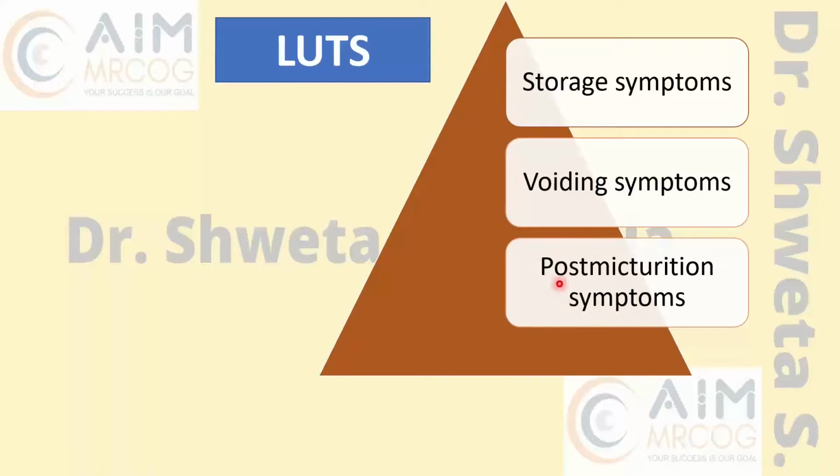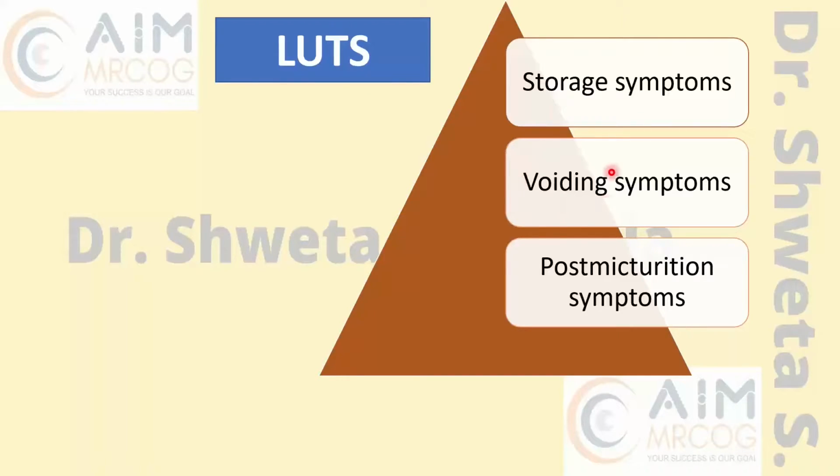And third, post-micturition symptoms. Urodynamics and the bladder diary are all about storage symptoms. In storage symptoms come urgency, frequency, urge incontinence, stress urinary incontinence, and mixed incontinence. These are all part of storage symptoms. It is the most common type of lower urinary tract symptom also, so it becomes very important for us to understand it.